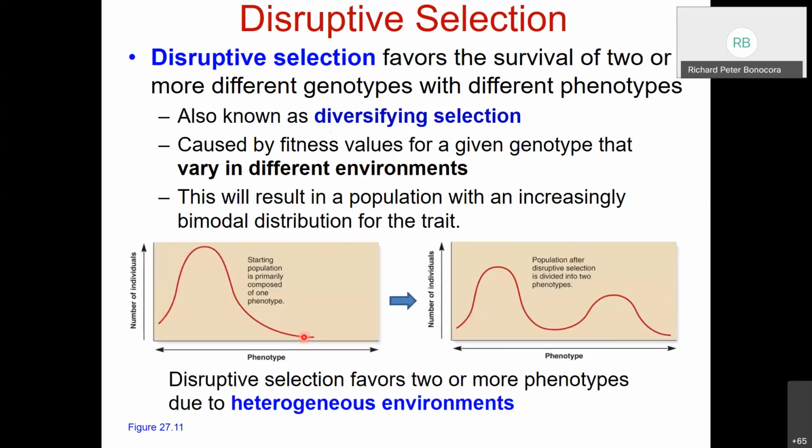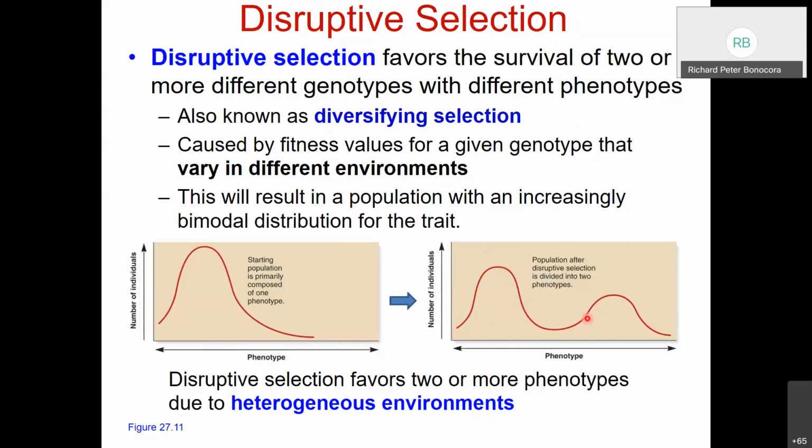So here we have our starting population. There's a certain number of individuals with a phenotype, and on the X axis we have a spectrum of different phenotypes that can occur due to this trait. Depending on the environment, if part of the environment remains as it originally was, there'll be individuals that have a genotype that allows them to survive very well in that environment.